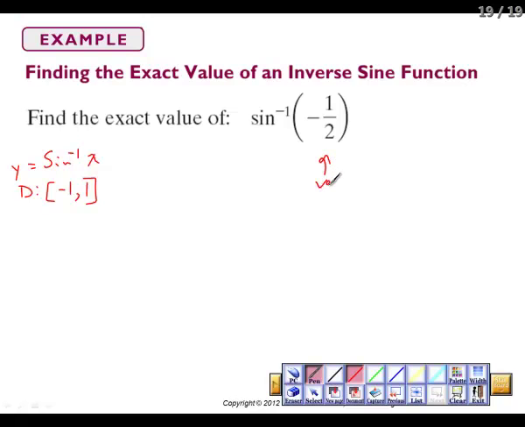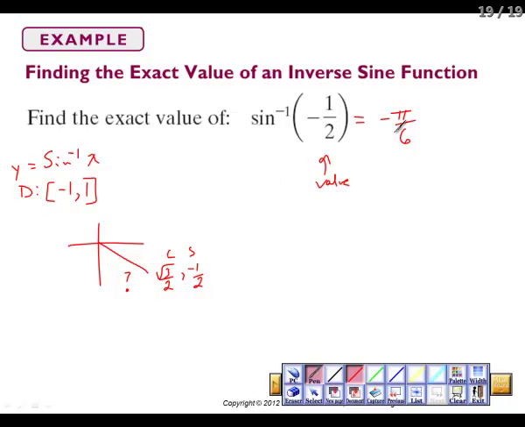So this is our value, and so we can look at this and say, alright, inverse sine of -1/2, if this is square root 3 over 2 and -1/2 for cosine and sine, what angle is that? And you should have said that this is going to be a negative pi over 6.